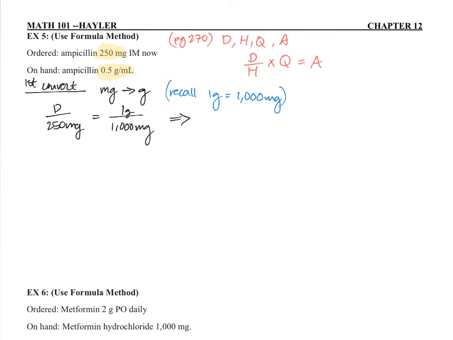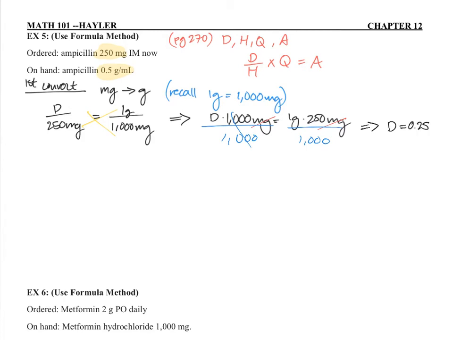With a cross multiplication, I get D times 1,000 milligrams is equal to 1 gram times 250 milligrams. We can cancel the milligrams, and in the same step, divide by 1,000. Simplifying that out, once again with the indication arrow, D equals 0.25 grams, which is our desired dose.